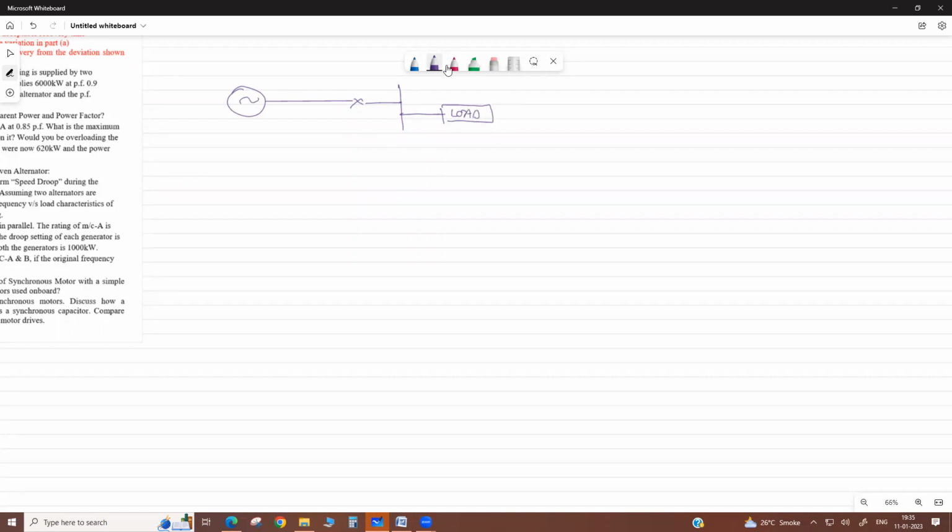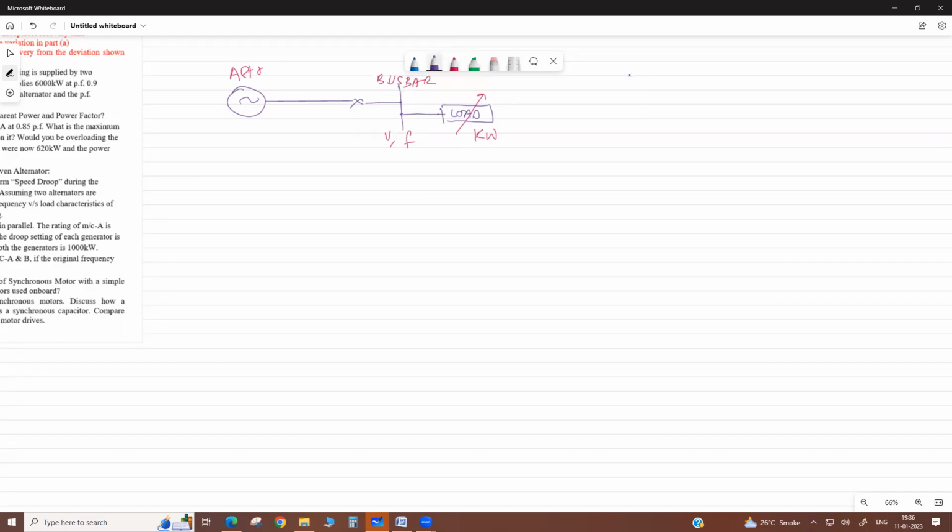This is the bus bar, with the bus bar voltage and frequency, and this is your alternator. Now this is the load we vary in kilowatts on the alternator.